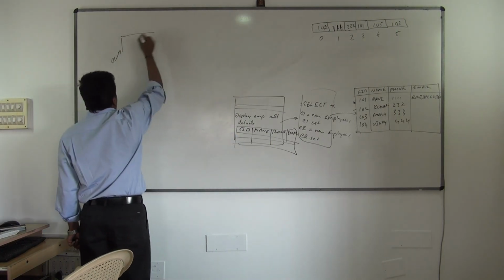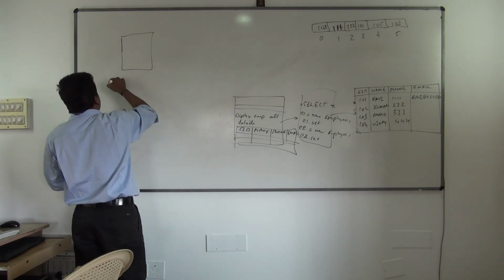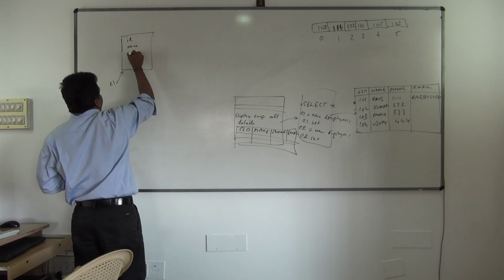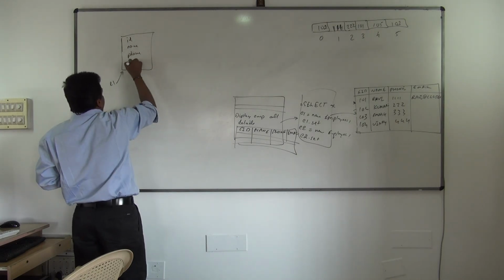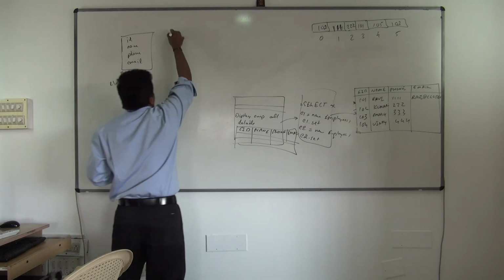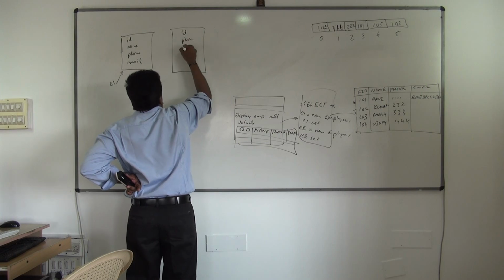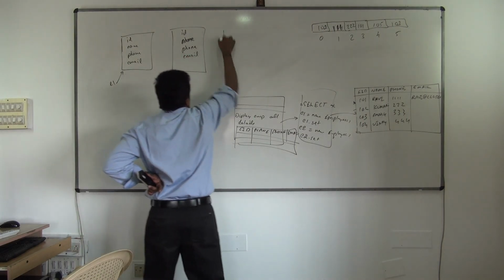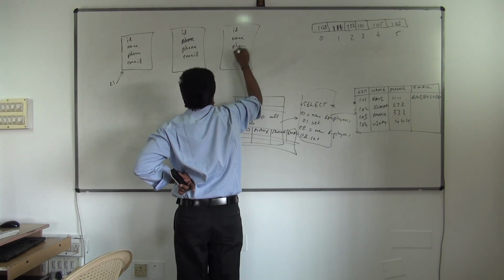E1. This is employee object. So it will have ID, it will have name, it will have phone and email. Then you will have one more employee. ID, name, phone, email.